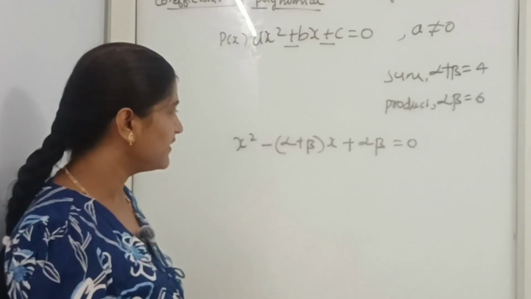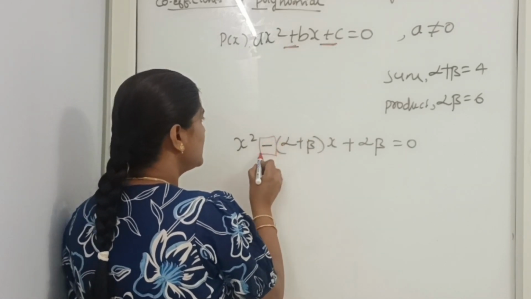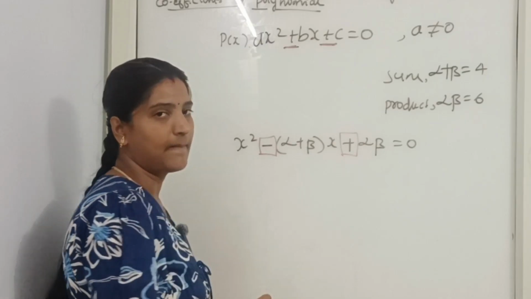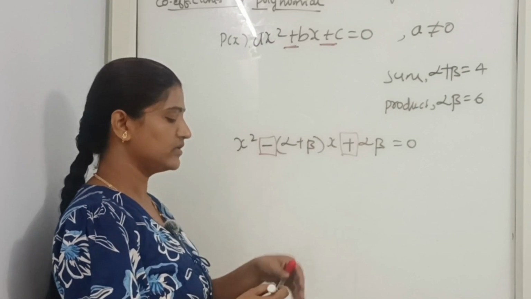So this you should keep in your mind. By comparing, in the general form both are plus, while here the first one is negative and the second one is plus. Shall we make a polynomial by using that?